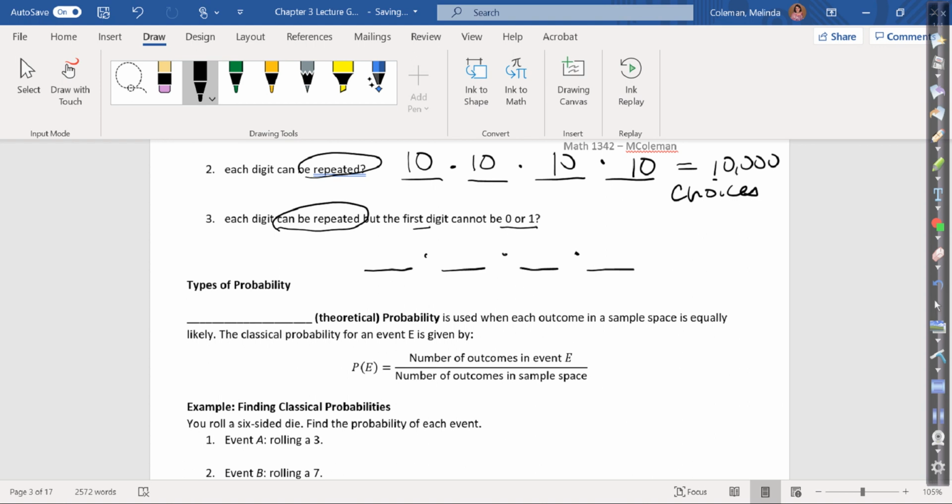So instead of having 10 choices here, I only have 8. Because they can be repeated, then I can have 10 choices here. No restrictions on that second digit. No restrictions on the third digit. No restrictions on the last digit since they can be repeated. If I multiply these together, then I have 8,000.